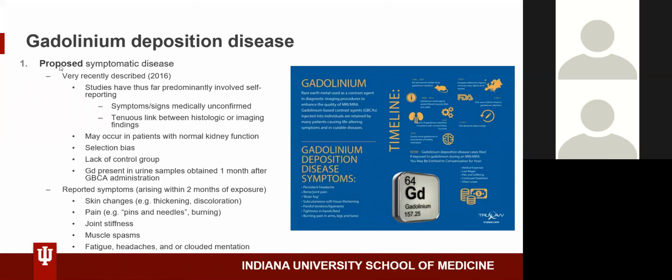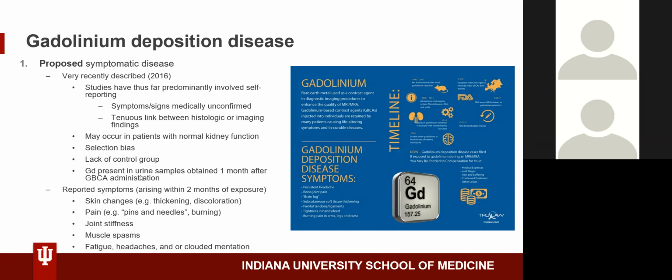But again, it's proposed because due to self-reporting, there's been a lack of control groups, some selection bias, but pretty alarmingly, some of these patients have submitted to urine testing, and GAD has been shown to be present in urine samples obtained even a month or longer after their contrast-enhanced scan.